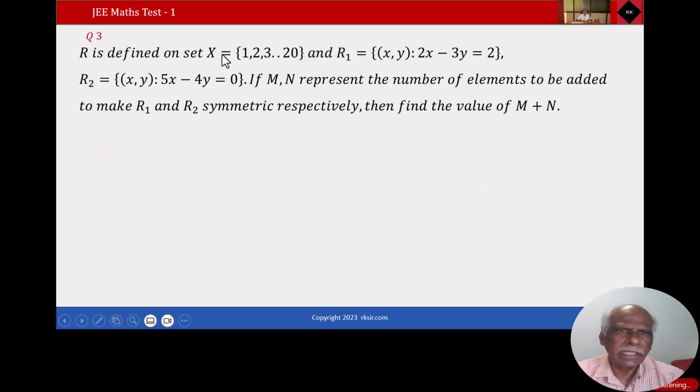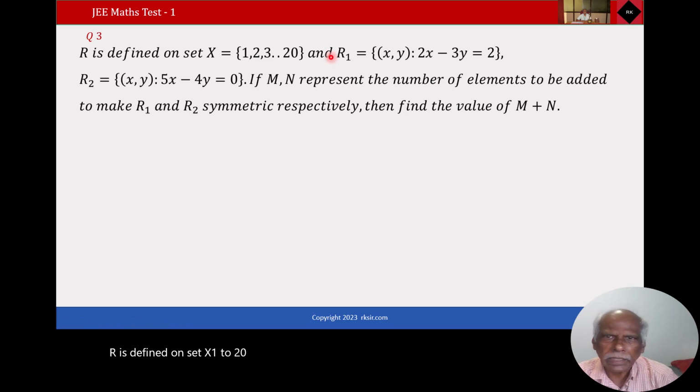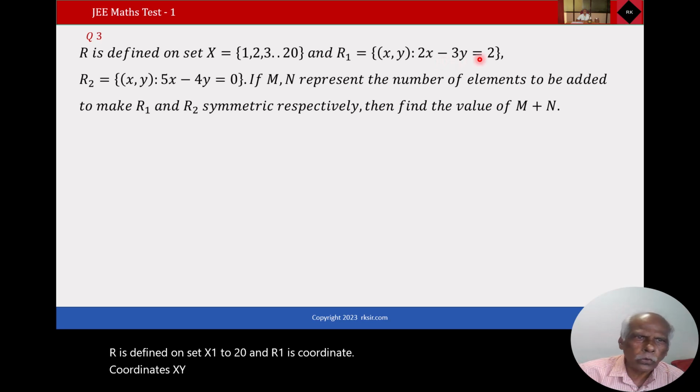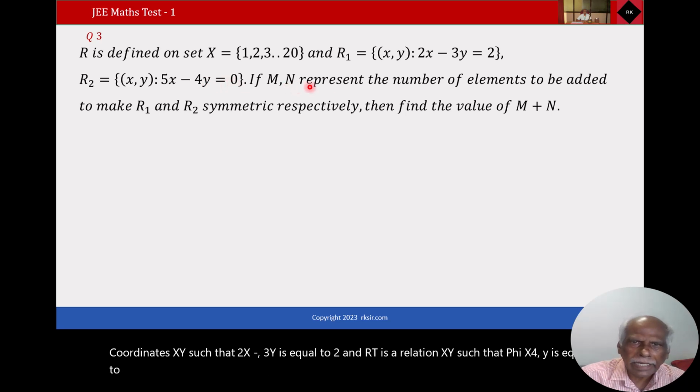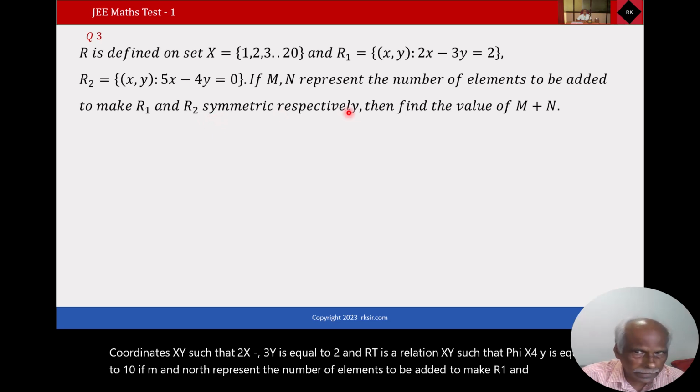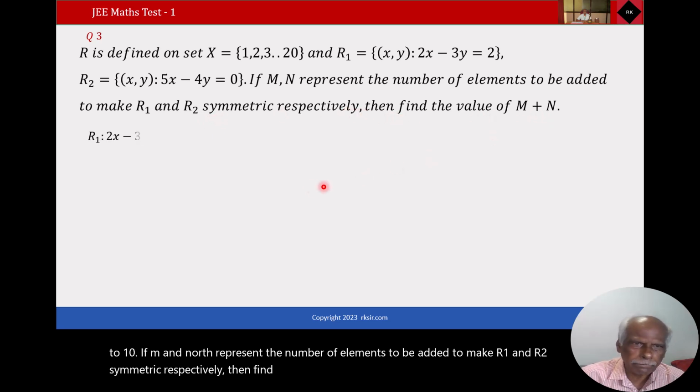R is defined on set X, 1 to 20, and R1 is coordinates x comma y such that 2x minus 3y is equal to 2, and R2 is a relation x comma y such that 5x minus 4y is equal to 10. If m and n represent the number of elements to be added to make R1 and R2 symmetric respectively, then find the value of m plus n.